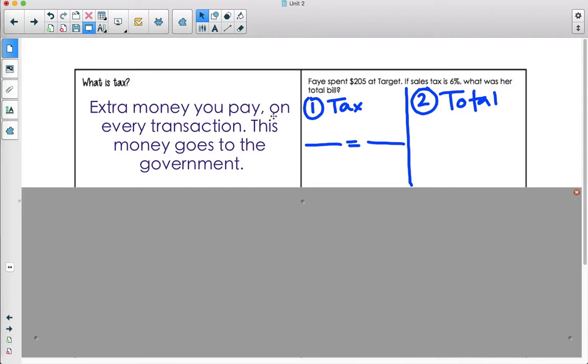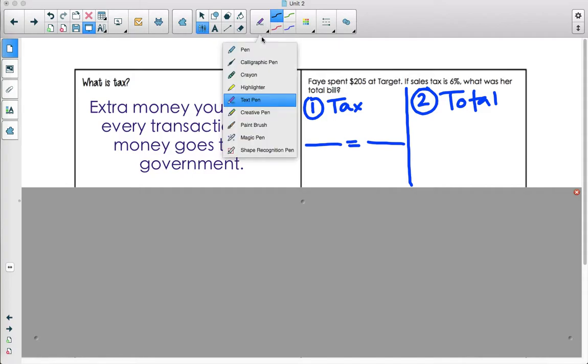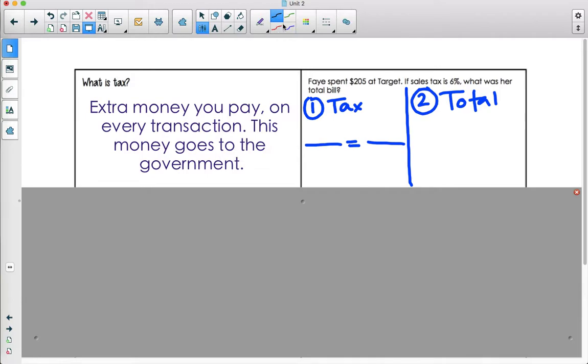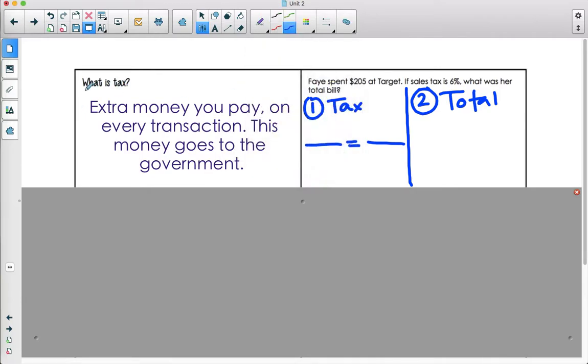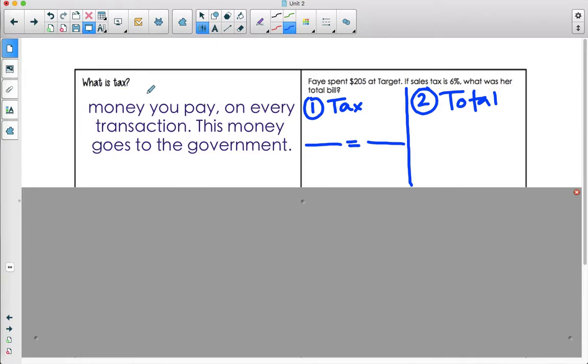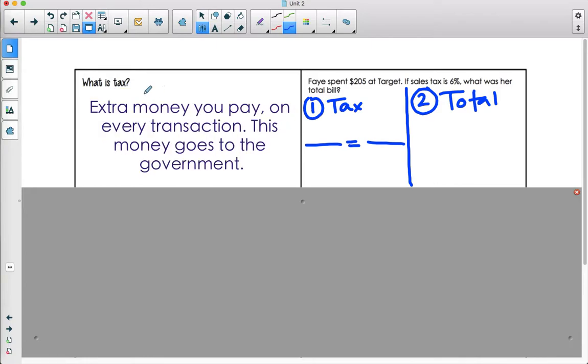So the first thing we're going to talk about is tax. On the left-hand side, we see this question, what is tax? You guys pay for tax without even knowing what it really is, so this question is super important. Tax is extra money you pay on every transaction.